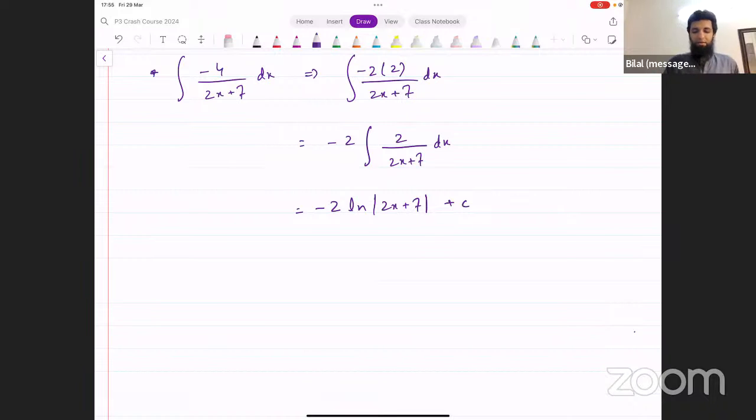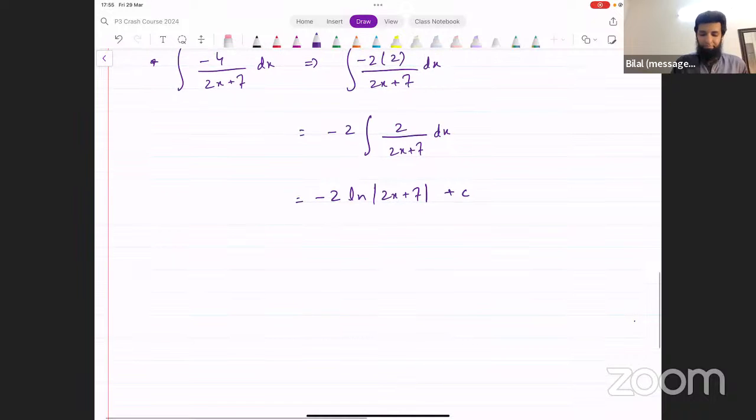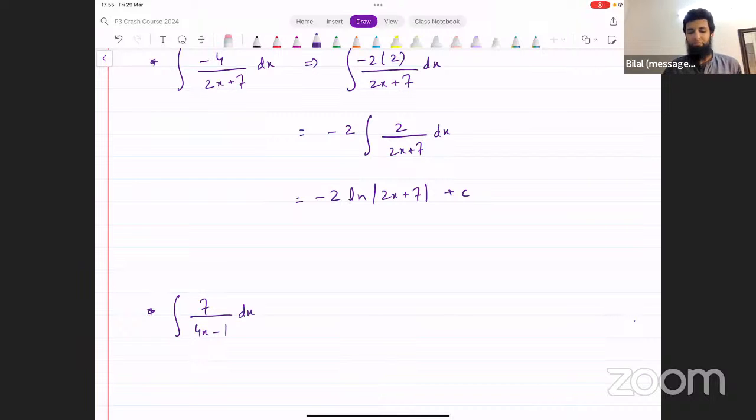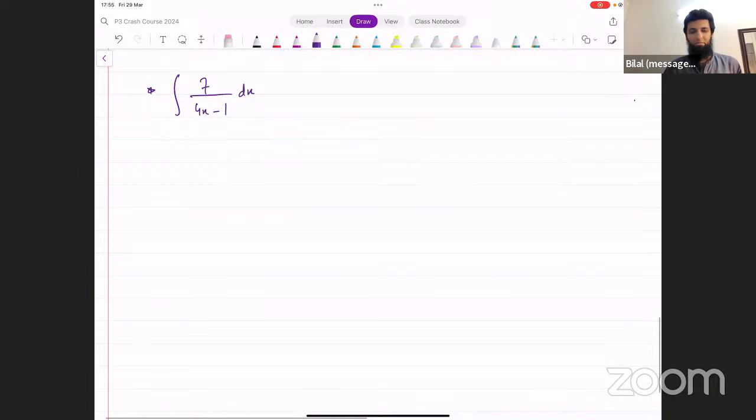Okay, let's take another example. Let's say instead of this, you had something like this, 7 over 4x minus 1 with respect to x. Let's say we had to integrate this thing. Now, can we use this rule here? 7 over 4x minus 1.